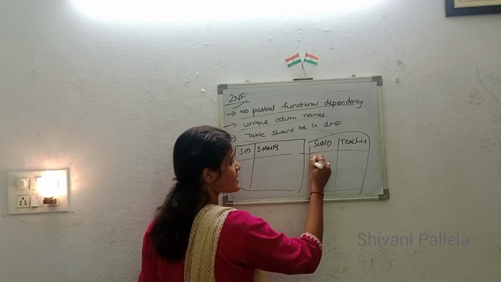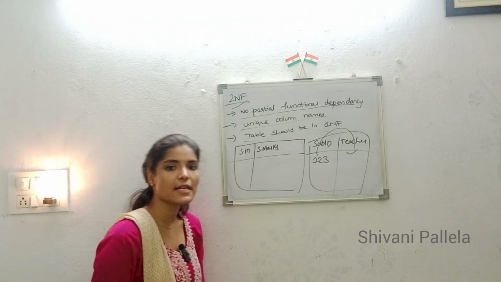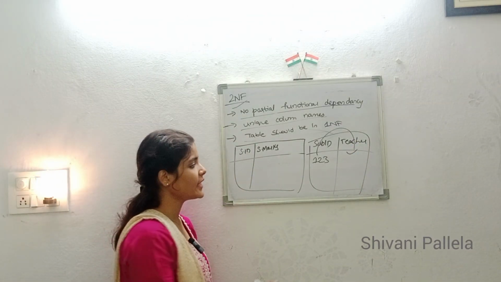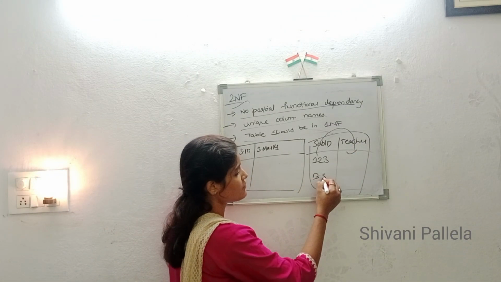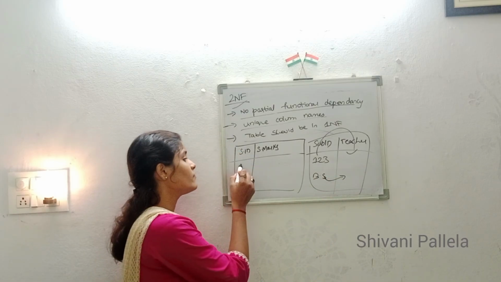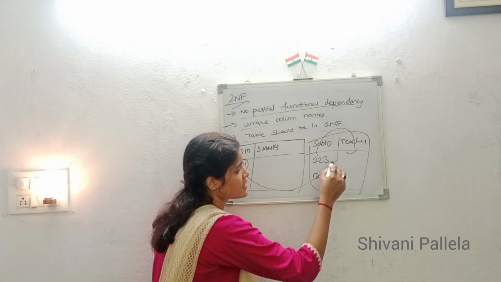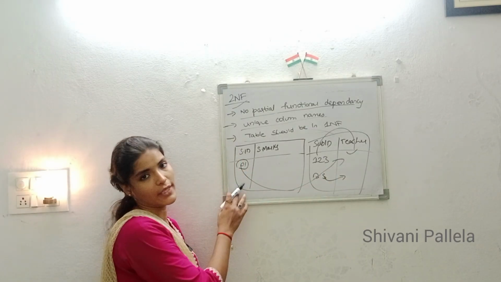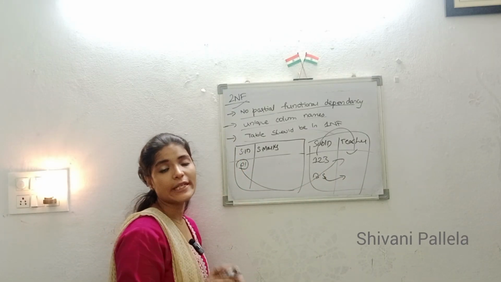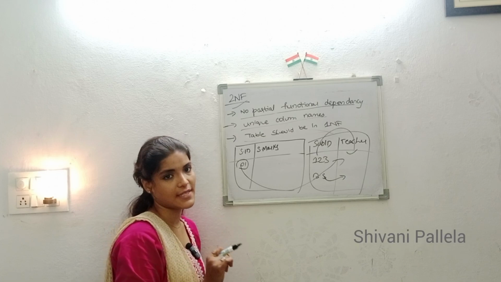If we enter the subject ID, then we will get to know who is teaching that subject, right? If we enter the business statistics subject, then we will get to know who is teaching that subject. But if we enter the student ID, we can't predict who is teaching that student. Teacher is only depending on the subject, not on the student. That you need to understand.